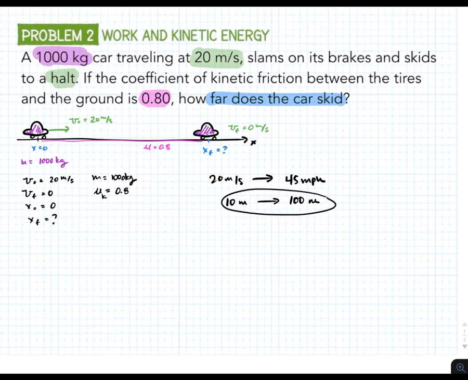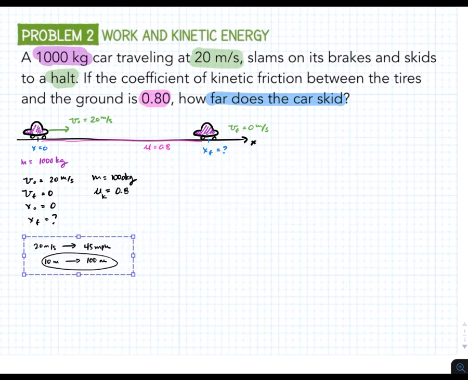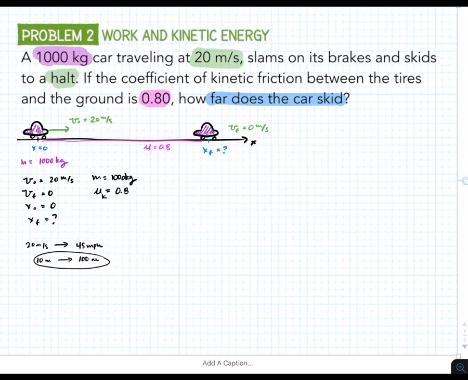We're going to move this over here. Remember, we're always trying to make an order of magnitude approximation. So anything between 10 and 100 makes sense, and that's order of magnitude, because that's a factor of 10 difference. But to solve this, we need work kinetic energy.